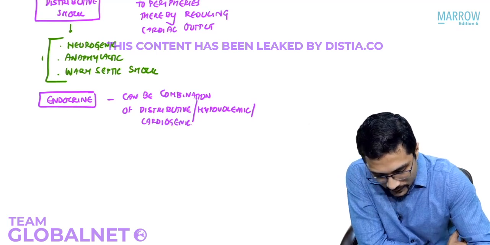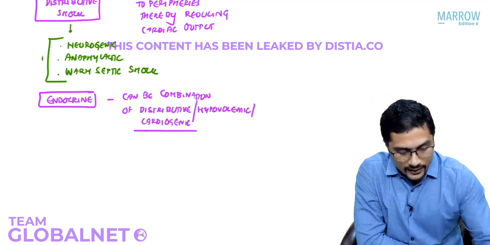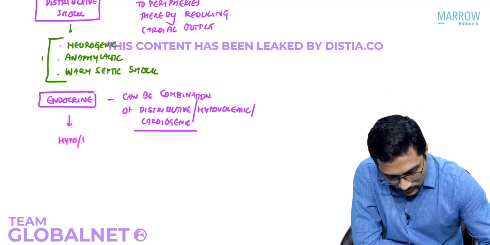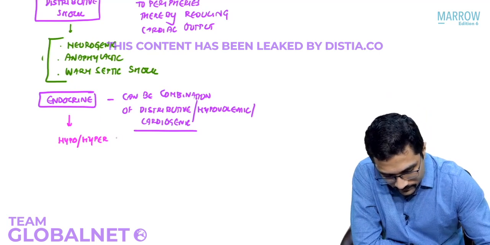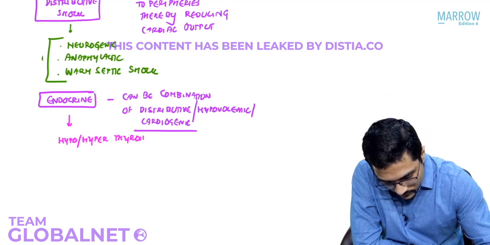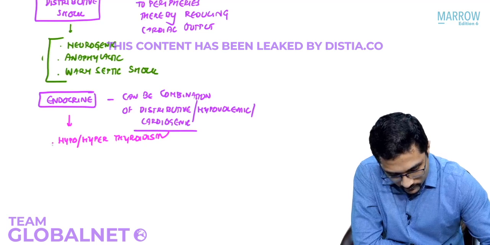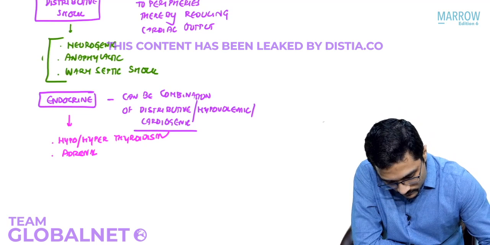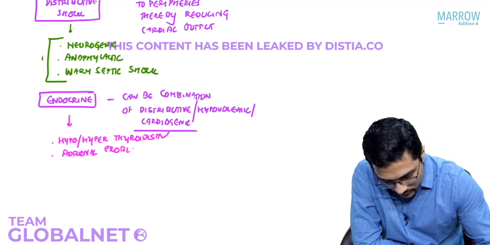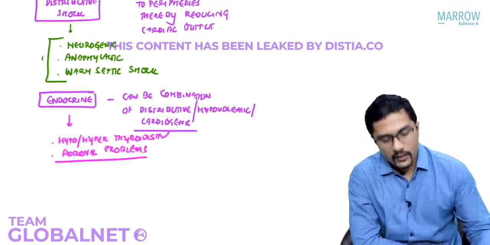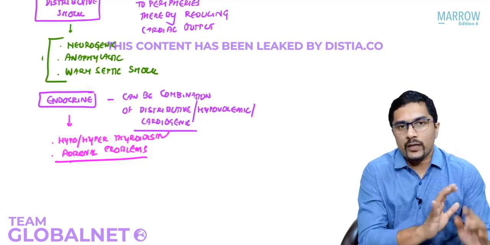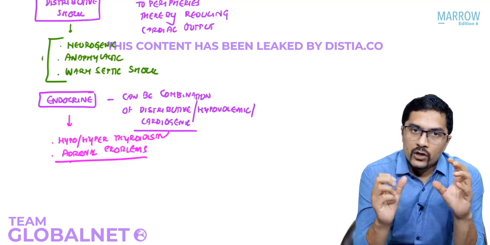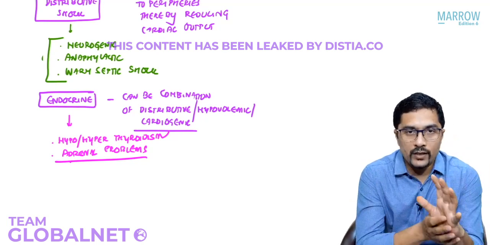It can be a combination of these shocks, and endocrine shock you can get in hyperthyroidism, and adrenal problems, and in patients with adrenal problems. Okay, so these are three more definitions which you should know, and this covers the various types of shocks which you need to know for the exam.